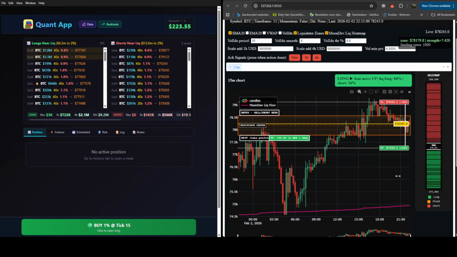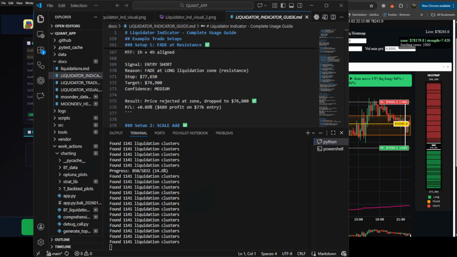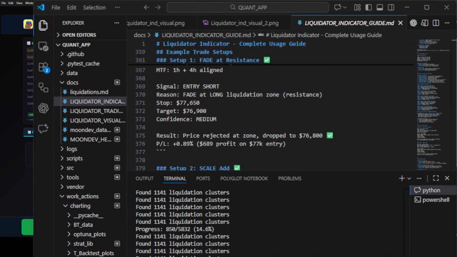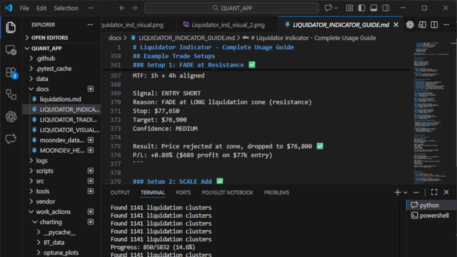So what I actually did, I will show first the code for it and some explanation about it. I'll try to enhance this screen a bit so you can more easily follow. So as you can see, guys, this is what I've been building, the liquidator indicator.